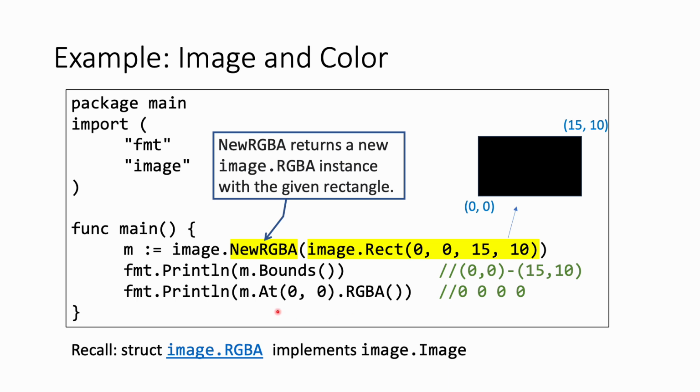Here we call method At with arguments 0, 0, which returns a color of the pixel at location 0, 0.